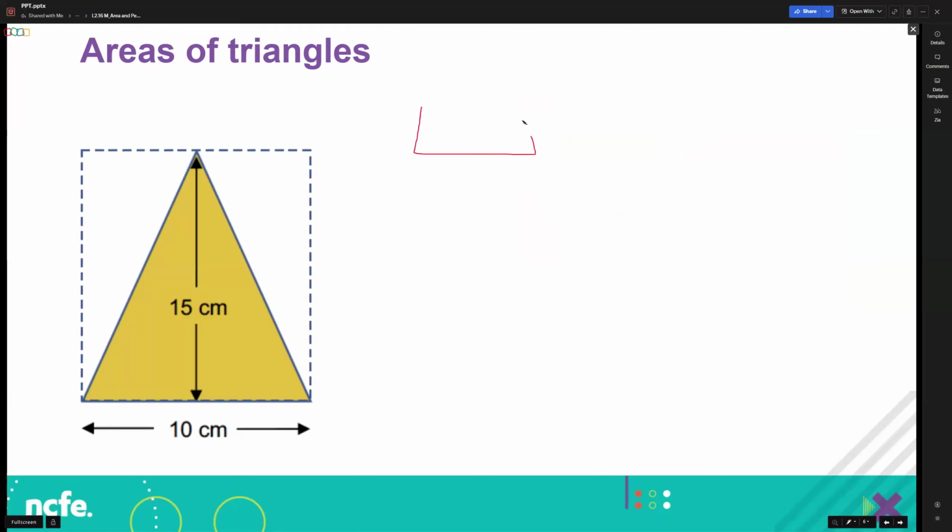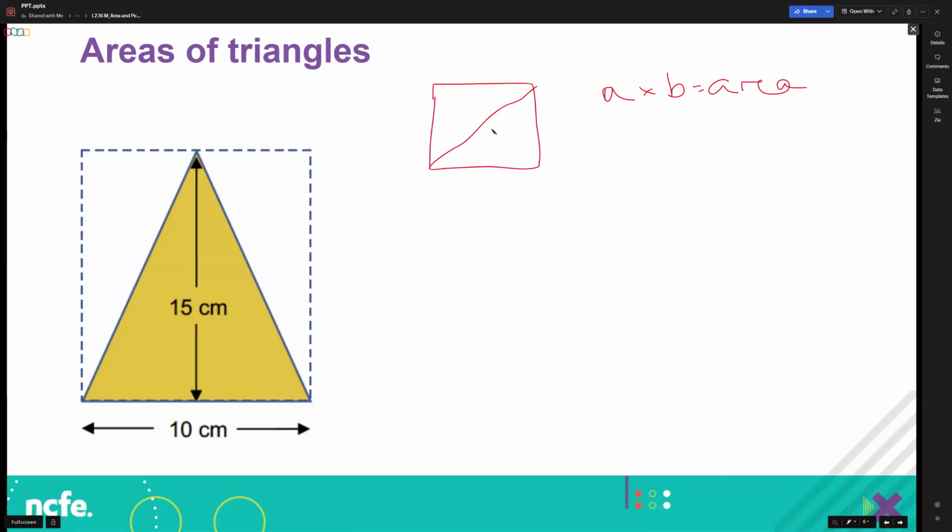So what I was saying was that a square, right? It's a terrible square. But a square, if you cut it in half, is just a triangle. And if you want to find the area of a square, you do A times B, right? That would be your area.